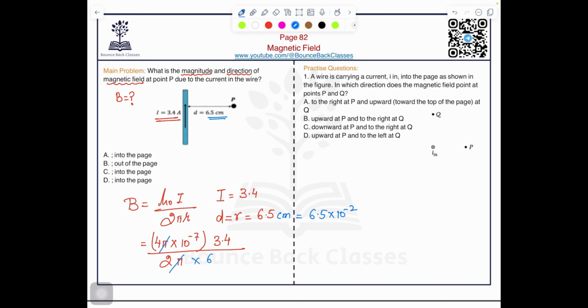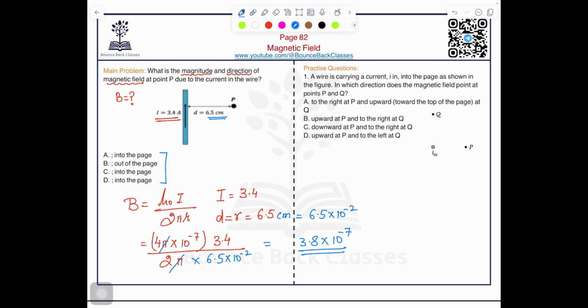Once you solve this, you will get 3.8 multiplied by 10 raised to the power negative 7. This is the value. Here we forgot to write the values.